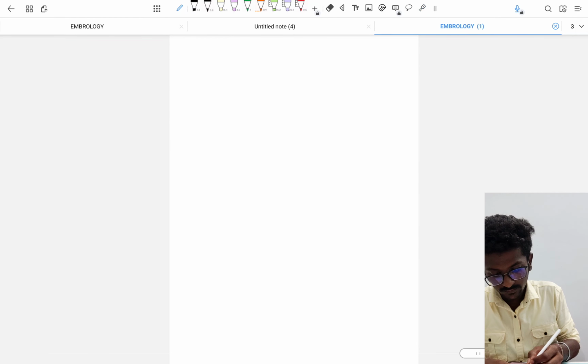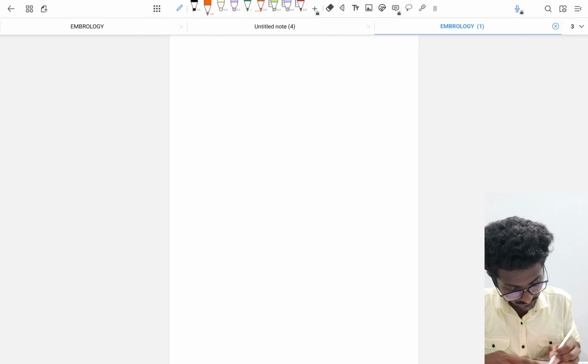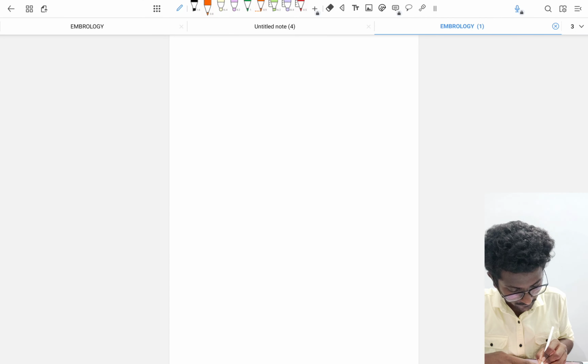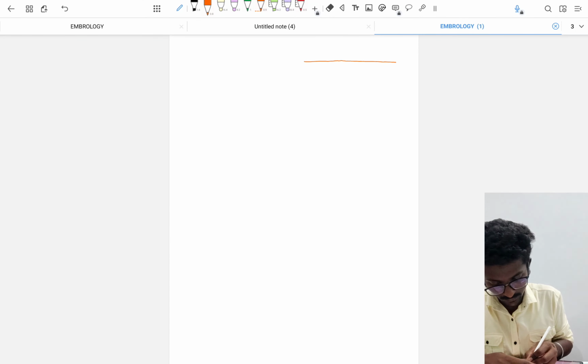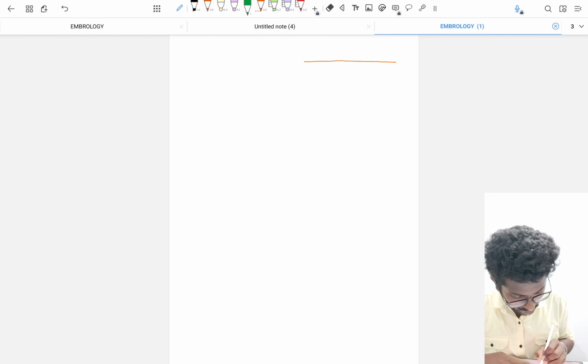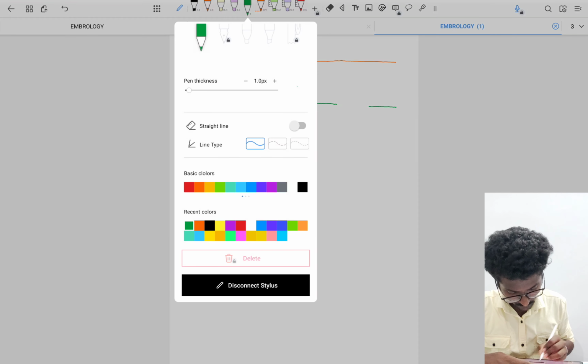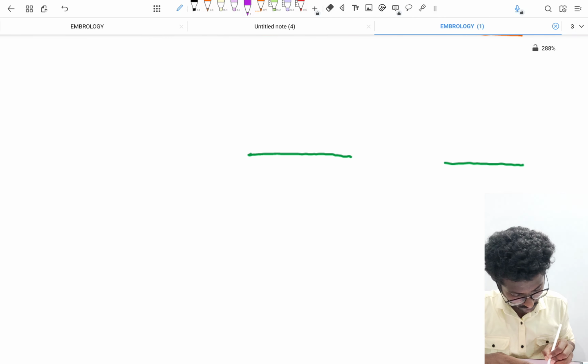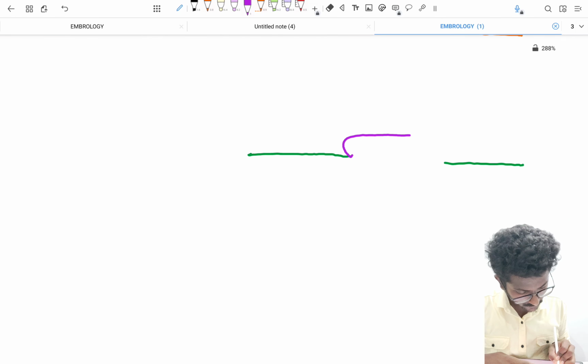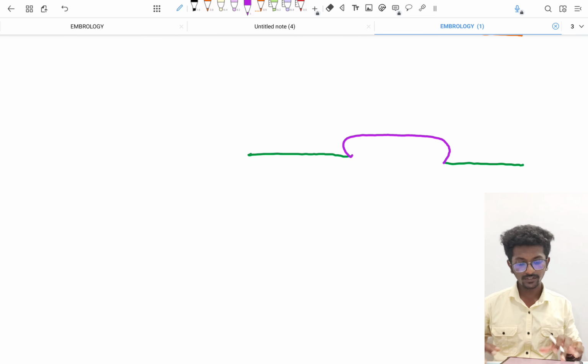So here we will get the formation of the notochordal plate, somewhat like this. This is the notochordal plate.